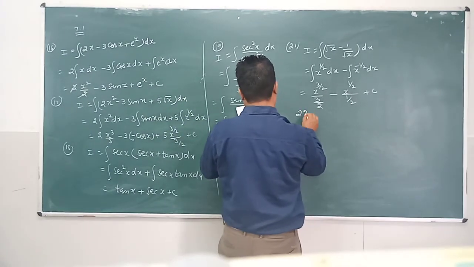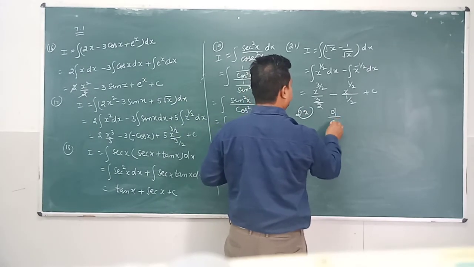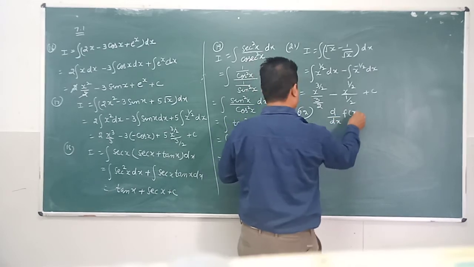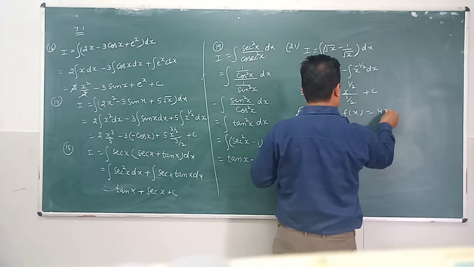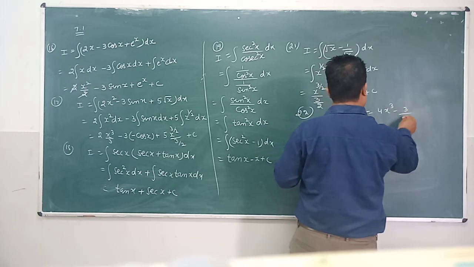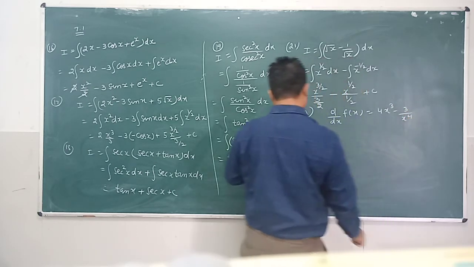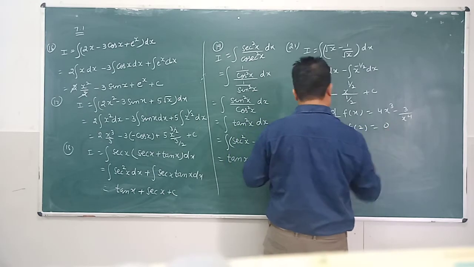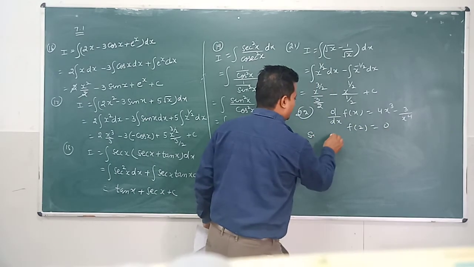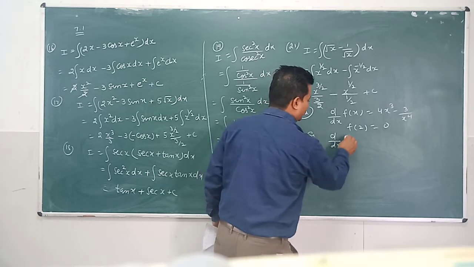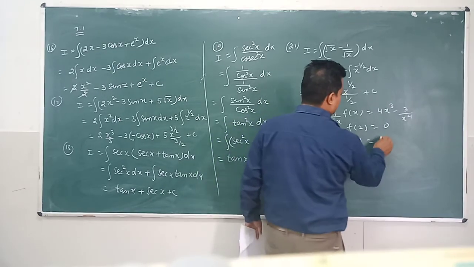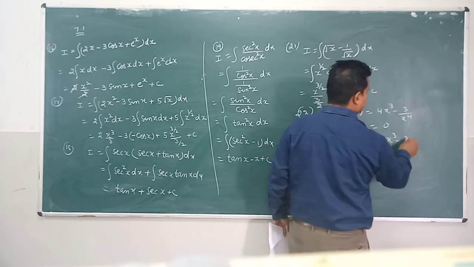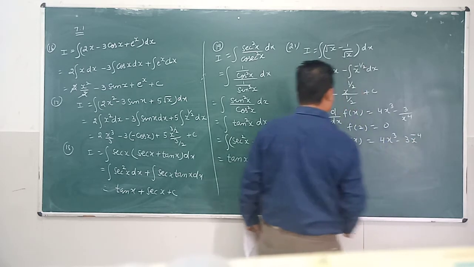In question number 22, the differentiation of f(x) is 4x cube minus 3 by x to the power 4, and such that f(2) is equal to 0. Find f(x). For f(x), this is 4x cube, this is 3x to the power minus 4.